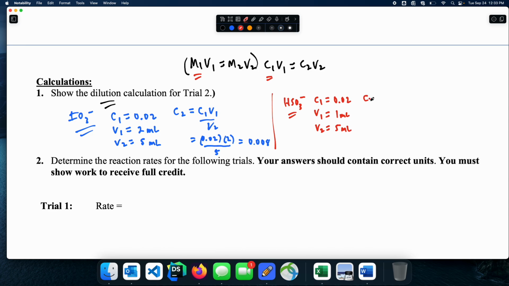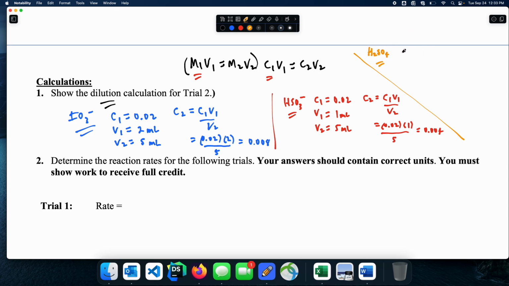And so C2 is equal to C1V1 over V2, which is equal to 0.02 times V1, which is 1 mil, took it up to 5 mils, which gives me 0.004.